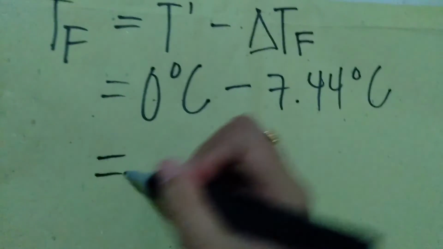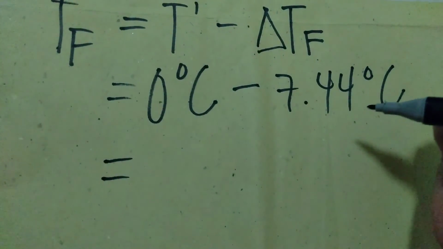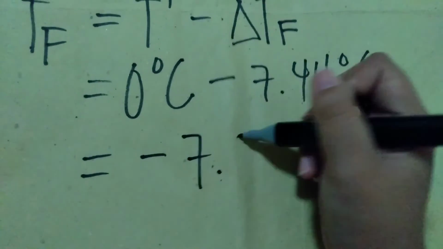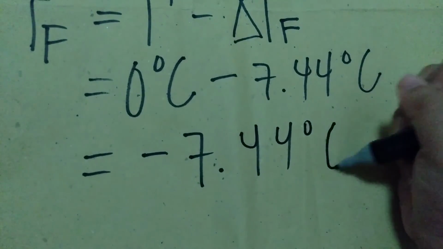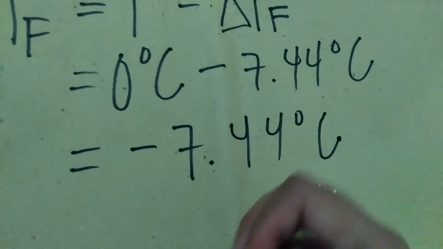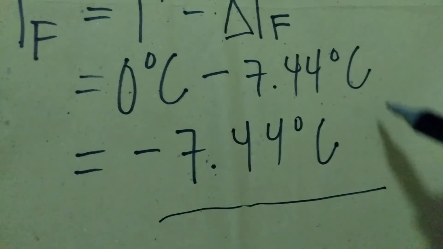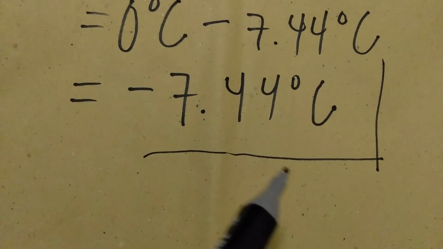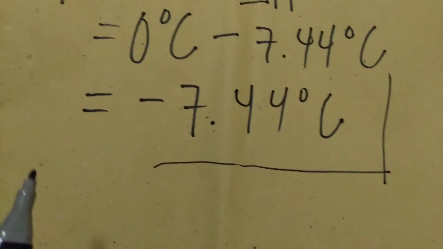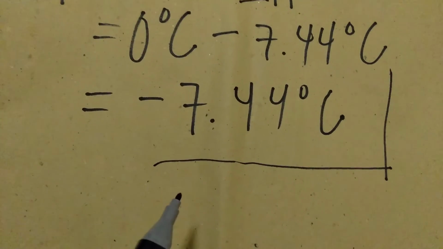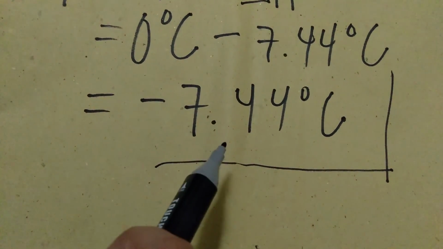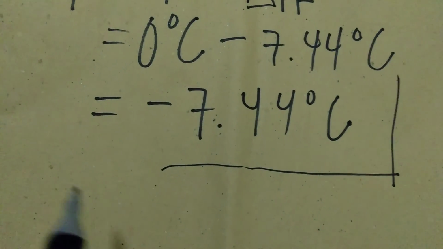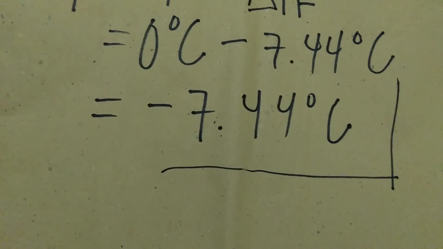So 0 minus 7.44 is equal to negative 7.44 degrees Celsius. So this is the freezing point. As you can see, it is negative, so when we add the sodium hydroxide to the water, it results in negative 7.44, so the freezing point decreases or it goes down.